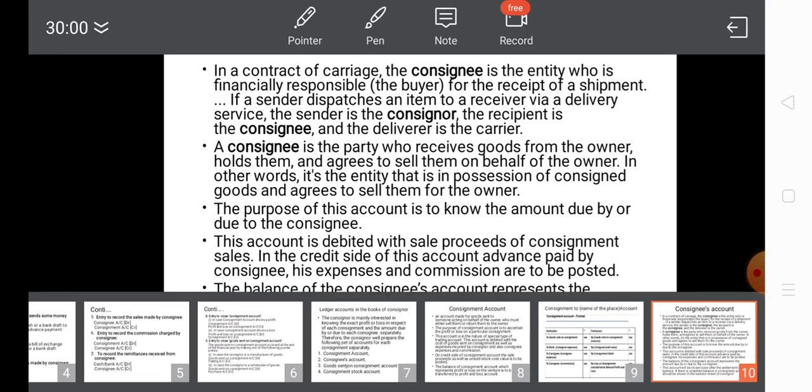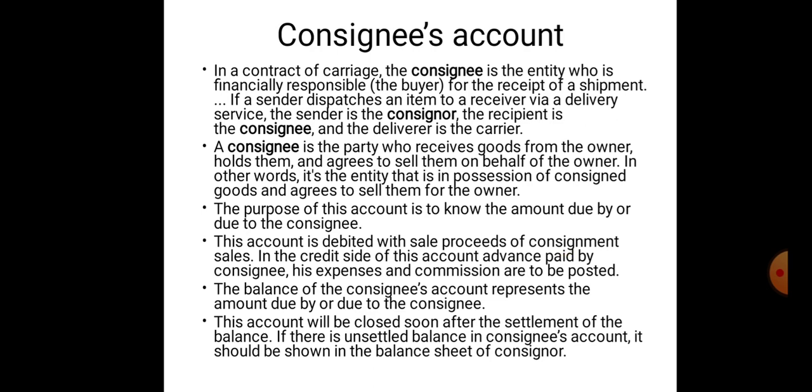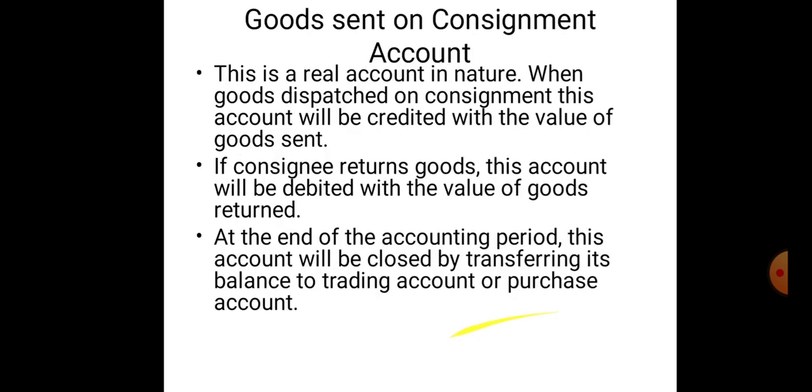Coming to the goods sent on consignment account. Here, goods sent on consignment account is a real account in nature. When goods are dispatched on consignment, this account will be credited with the value of the goods sent.